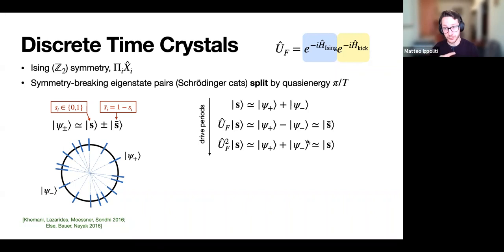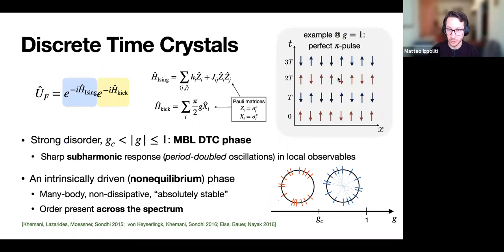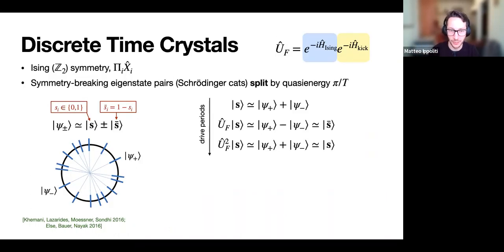And in order to return to something close to our initial state, we have to iterate our evolution for 2 periods. So this is the more formal reason for why the phenomenon that I illustrated with this kind of simple trivial example extends to more interesting and less trivial cases.